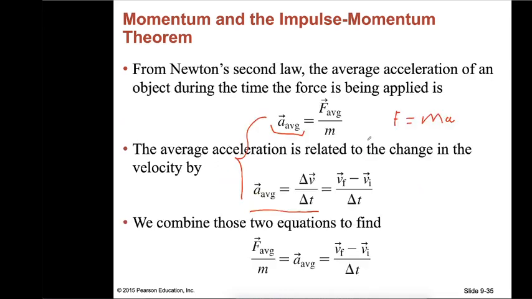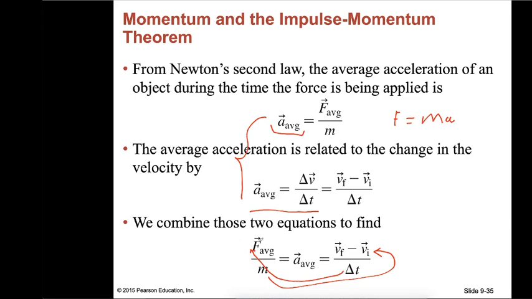Then if you move delta t and m to the other sides, or if you are not familiar with this operation, what you can think about is multiplying m times delta t to both sides of the equation.